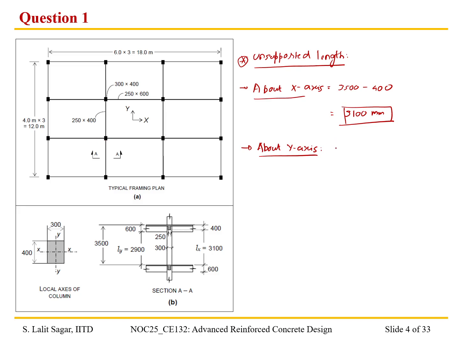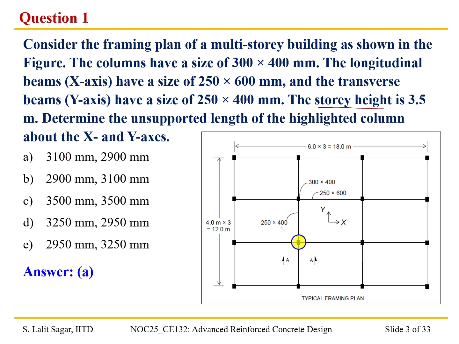So let us consider the floor to floor height, that is 3,500, minus what is the depth of the beam along the longitudinal direction, that is 600 millimeter. Okay, so the unsupported length about the y-axis is 2,900 millimeter. So the correct answers are 3,100 millimeter and 2,900 millimeter. Okay, so option A is the correct response. Now let's proceed to the next question.